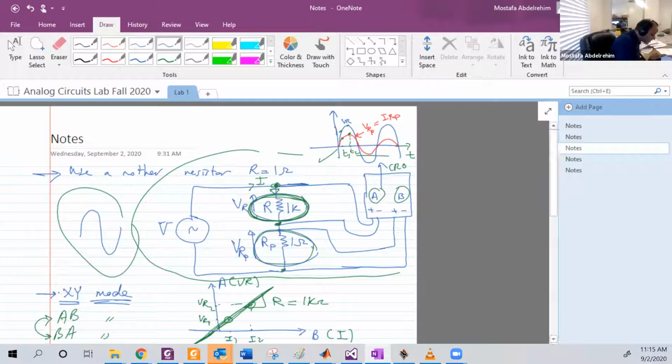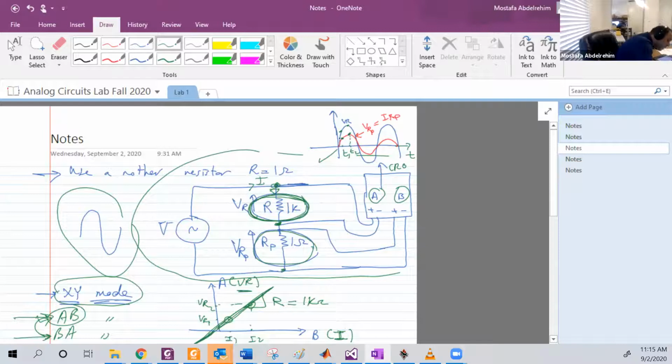Now we switch to something called XY mode. In our Multisim, you will find it as something called AB or BA. That means draw the 2 signals together with each other at each time instant. So for example, we put the signal on A, which is VR, on the vertical axis, and the signal on B, which is IRB or I, whatever we call it, on the x-axis.